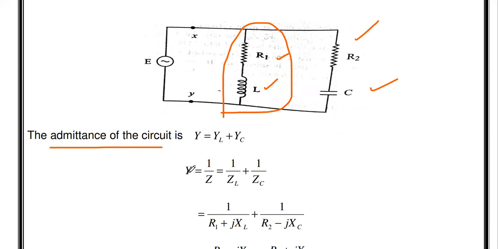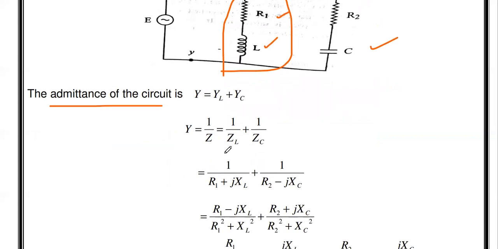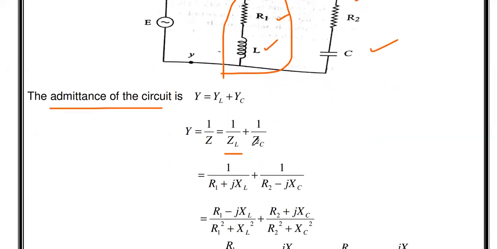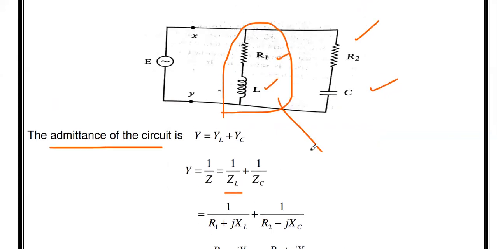Y can be written as 1 by Z, so YL equals 1 by ZL, and YC we can write as 1 by ZC. What is ZL? ZL is the impedance of the inductor branch, which is the resistance R1 plus j into XL.